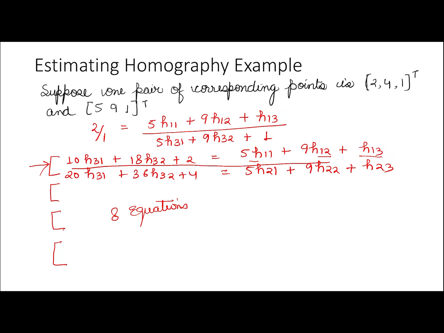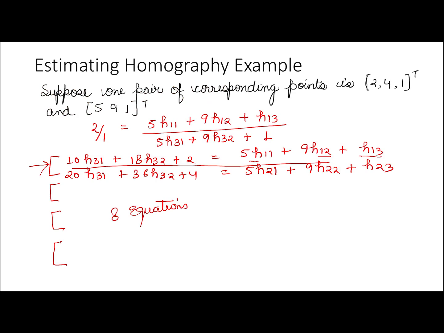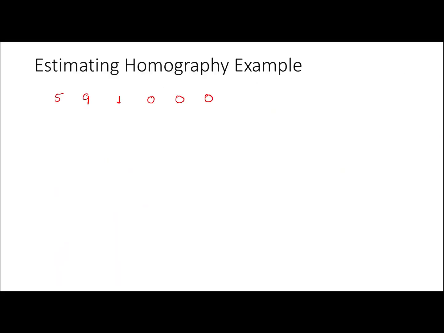Then for this equation I don't have any h21, h22 and h23, so I leave those blank; these are 0. Then again, if I take that to the other side, it will be minus 10 for h31, minus 18 for h32 and minus 2 for h33, because h33 is 1. So it will be minus 10, minus 18, minus 2.